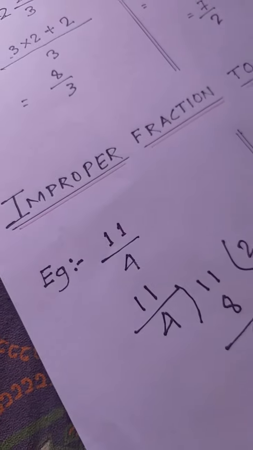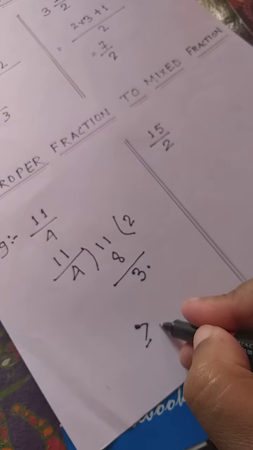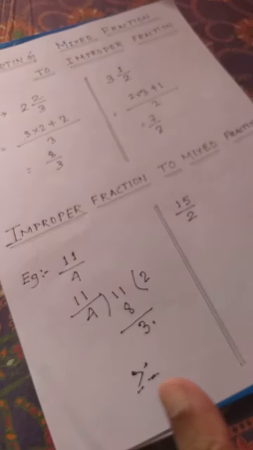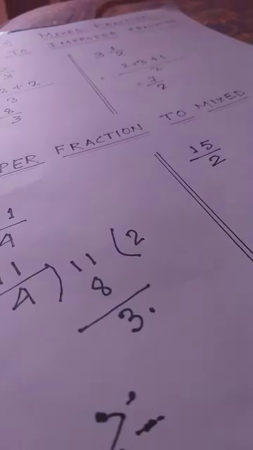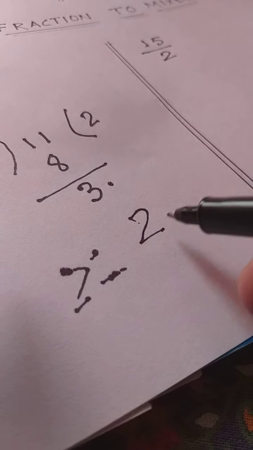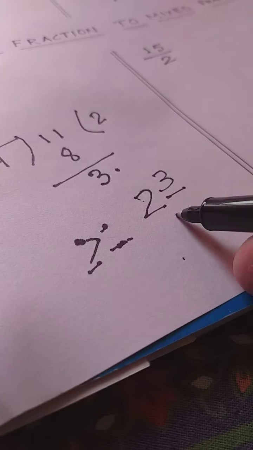Combination will be quotient. Sorry, students. Quotient, then the remainder. So see, you will write 2, 3 upon 4.